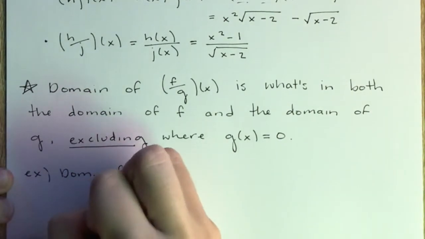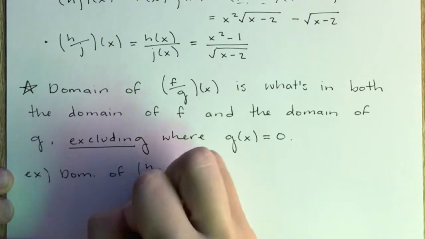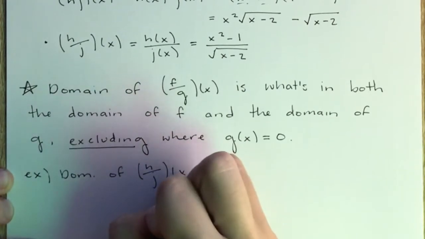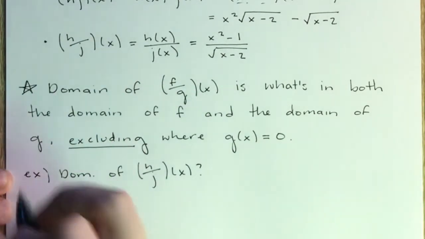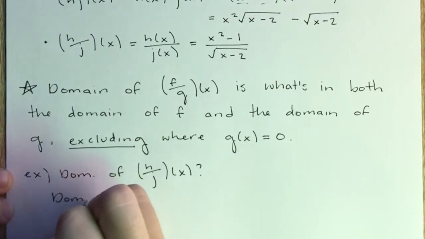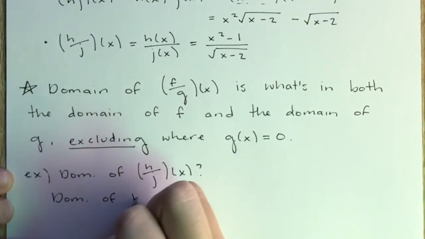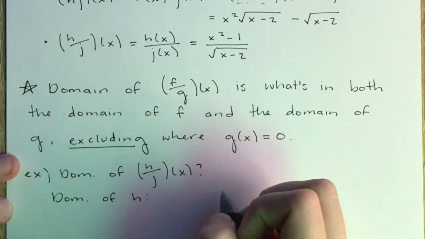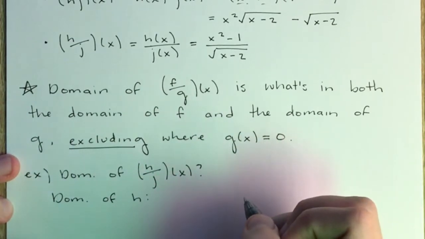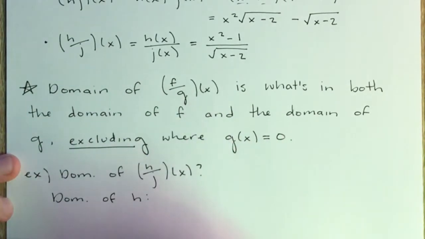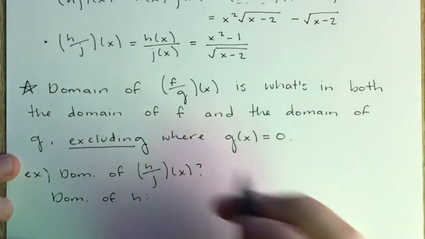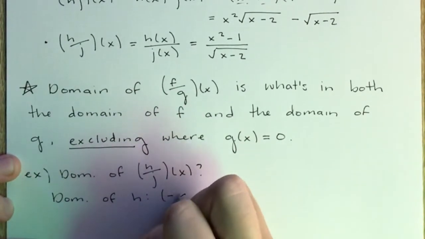Example: what's the domain of the function above? Well, the domain of h was x squared minus 1. That doesn't have a denominator, doesn't have a square root, so that is all real numbers.